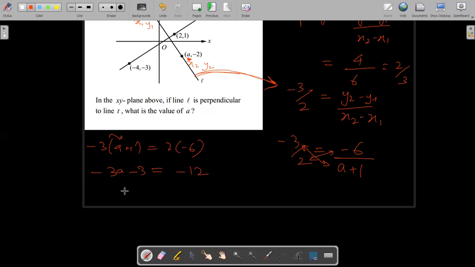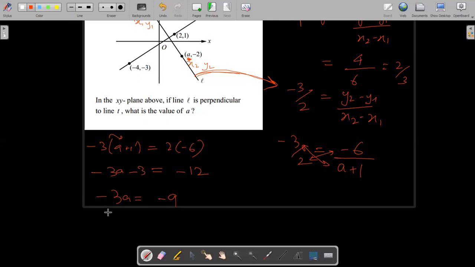How much will a be? Negative 3a equals, no, you have to add. Hold on. It'll be negative 2. No, it'll be positive 2.